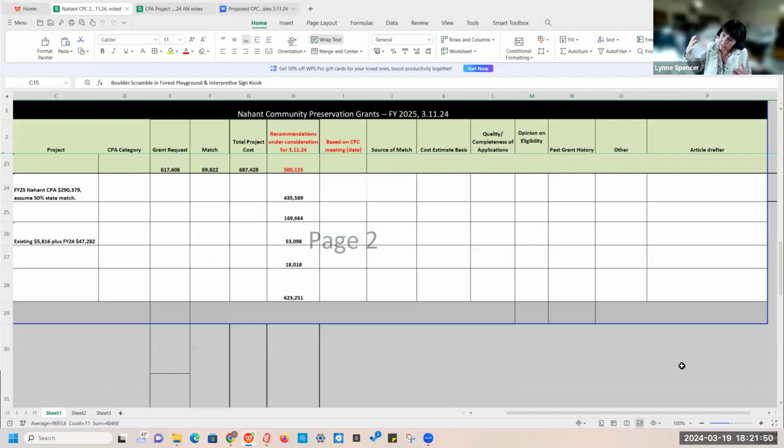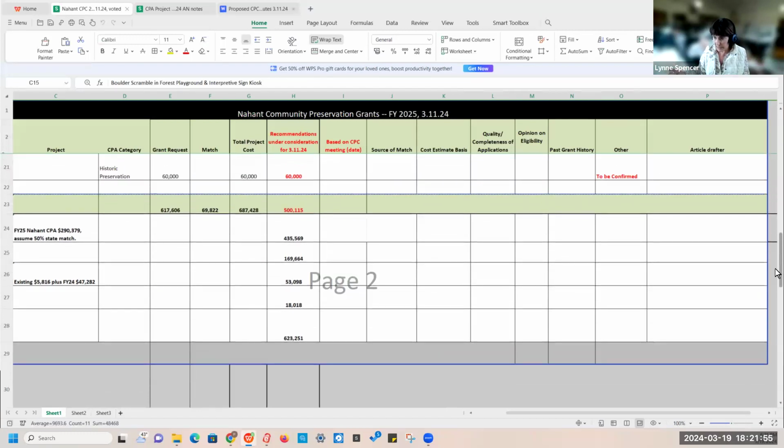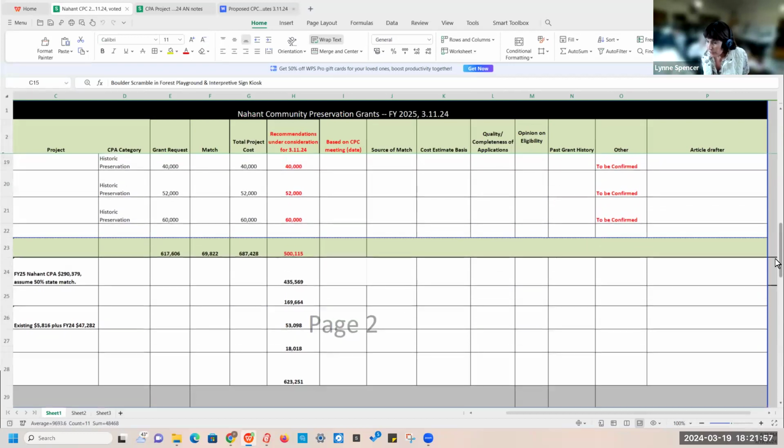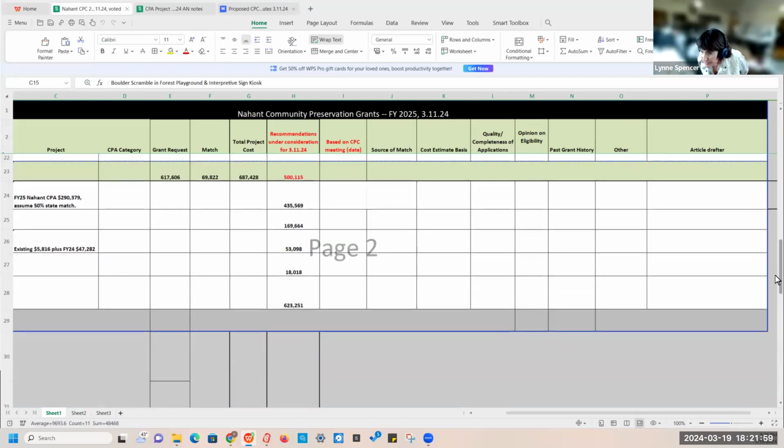So when we factor in the administrative fund plus the 3 payments on the bonds, we are at $500,115. We are projecting revenues from fiscal year 25 with a 50% state match of $435,569.